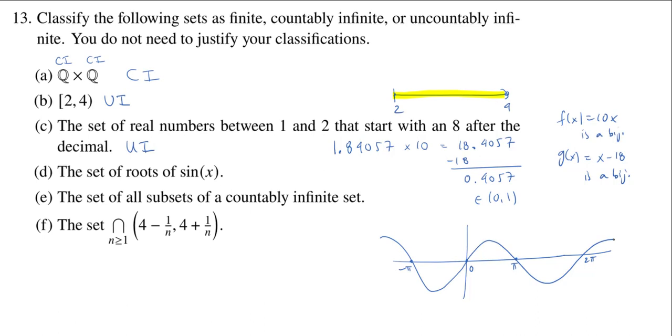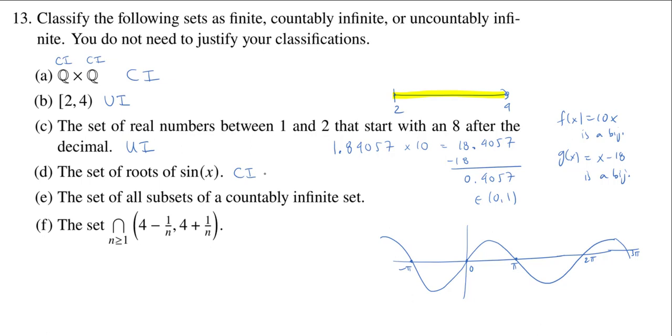In fact, the next time it's going to hit is at 3 pi, and then at 4 pi, and so forth. And we can count all of those intersections. It's just some integer times pi. And of course, the integers are countable. So this is a countably infinite set.